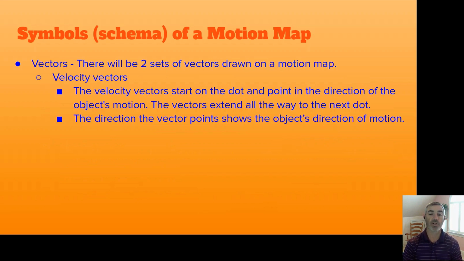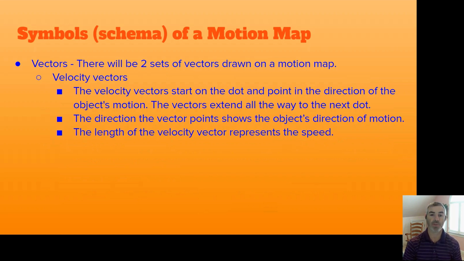The direction the vector points shows the direction of the object's motion. And the length of the vector, or the magnitude of the velocity vector, represents the speed. So if it's getting longer, it's getting faster. If each vector is the same length, then it means it's moving at constant speed. And if they're getting shorter, that means it's slowing down. So the longer the vector, the faster the speed.